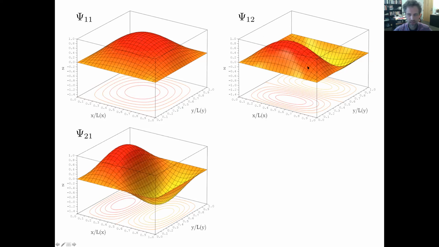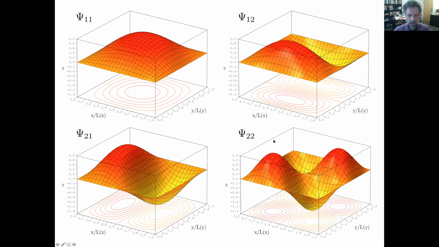You can see the shapes of the wave functions are not exactly the same, but they are related. In fact, they are related by a rotation of 90 degrees. If I rotate the first one in the top left by 90 degrees, I get the second one. So these two wave functions have great similarities, and in fact they have the same energies, and therefore they are degenerate.